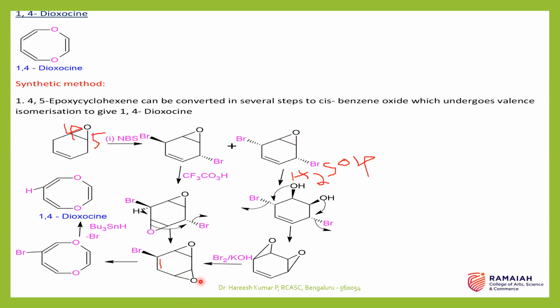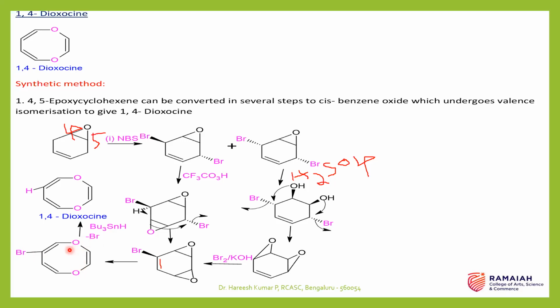Ring expansion. How is the ring expansion? This bond pair is coming over here, this will go over here, and this will come over here. A 1,4 dioxazine is obtained. Of course, a bromo substituted 1,4 dioxazine is obtained.